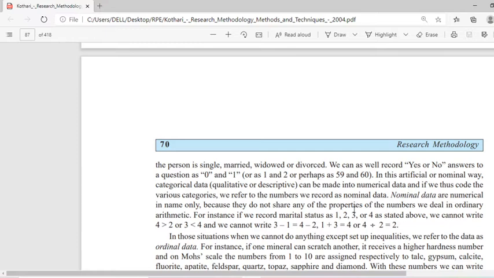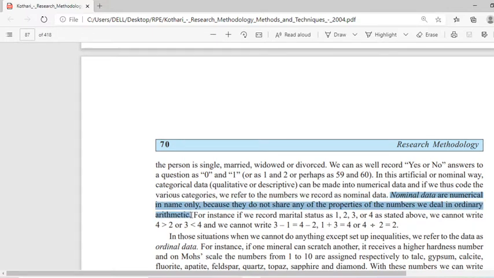That type of categorical variable is usually called a nominal variable. Nominal data are numerical names only, because they do not share any properties of the numbers we deal with in ordinary arithmetic.